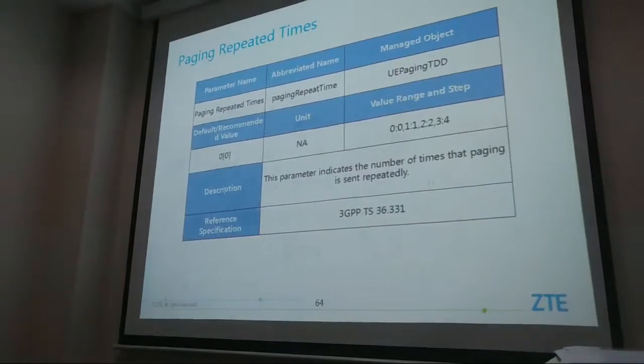That means if the first time I transmit, the UE doesn't receive it. When the UE receives one paging, the UE should initiate the RRC connection, right? So if there is no response from the UE, that means the UE didn't receive it. You can set how many times I will retransmit.